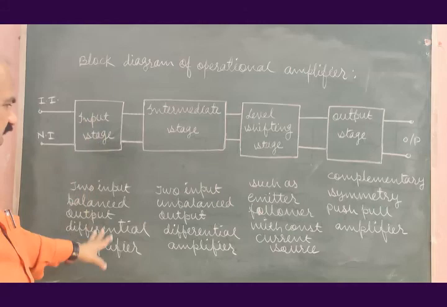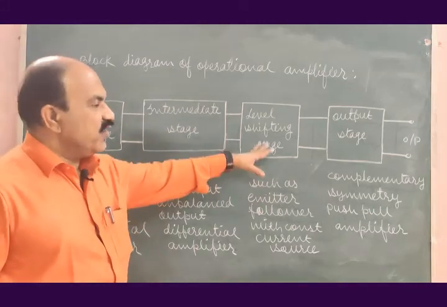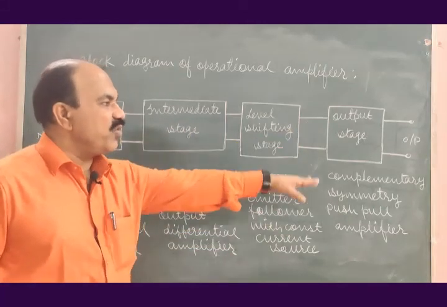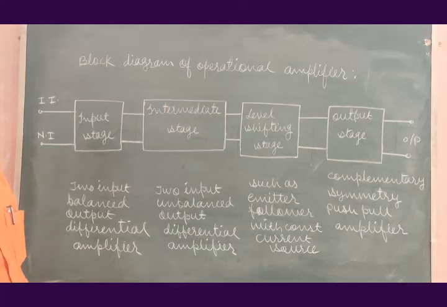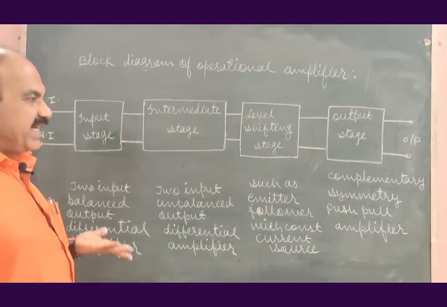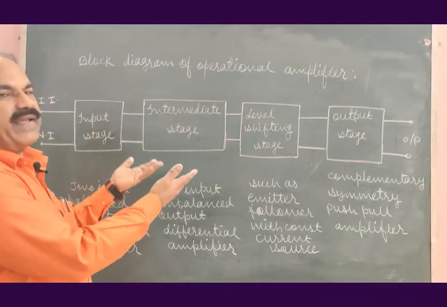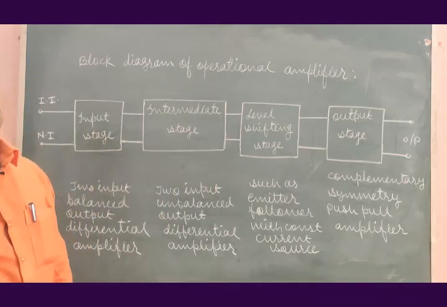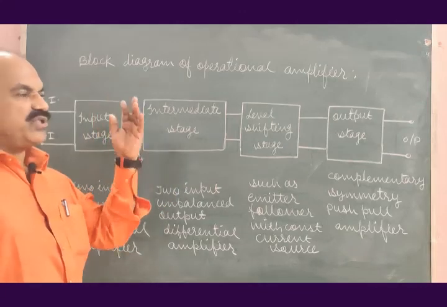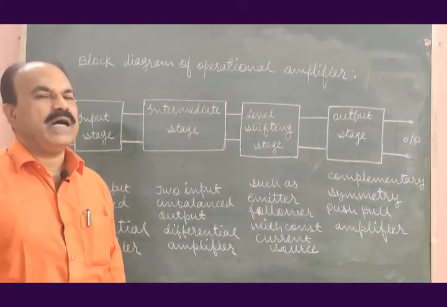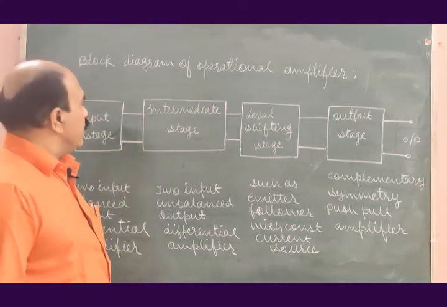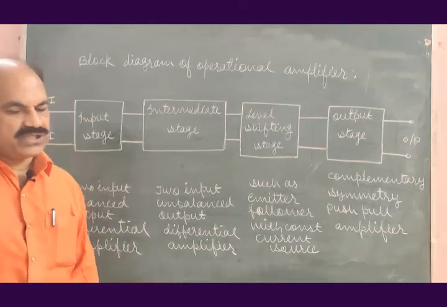At the same time, I have explained what is the use of these blocks, what properties required by the operational amplifier are enhanced by these blocks. Okay, so this is about the block diagram of operational amplifier. Hope you got it. Thank you.